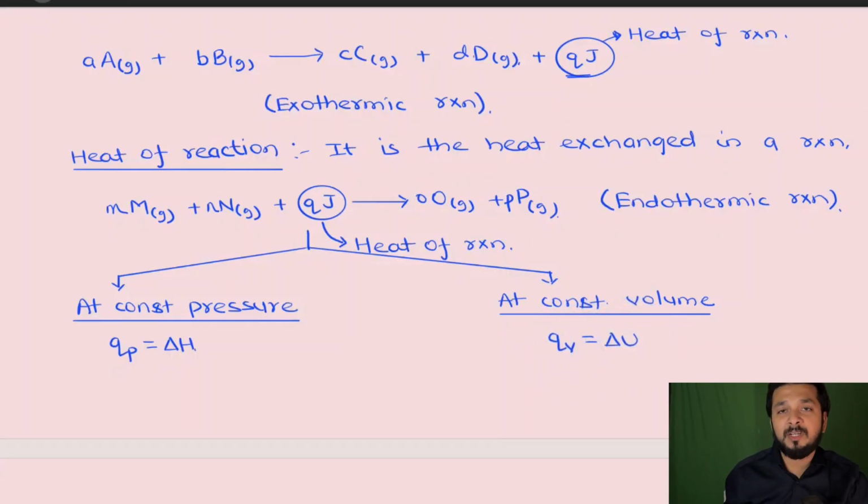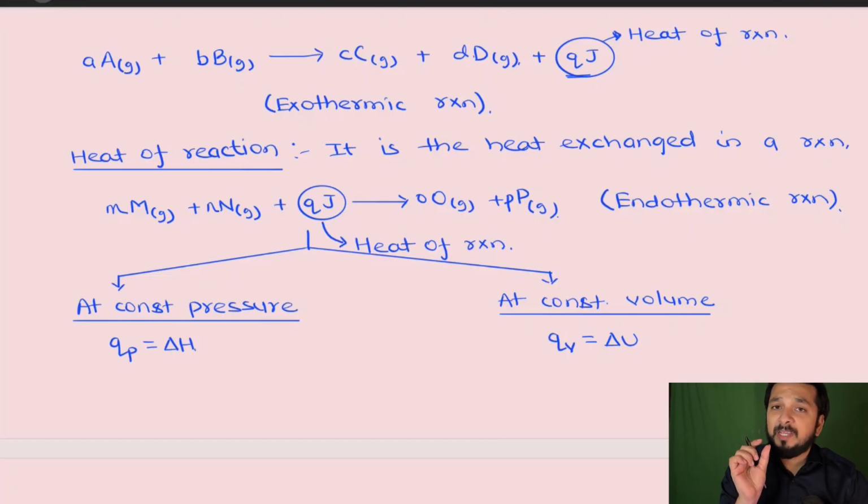So constant pressure means it is taking place in an open container. Constant volume means it is taking place in a closed container. Now in laboratory, most of the reactions which we perform are generally performed in a test tube, and test tube is an example of constant pressure condition.